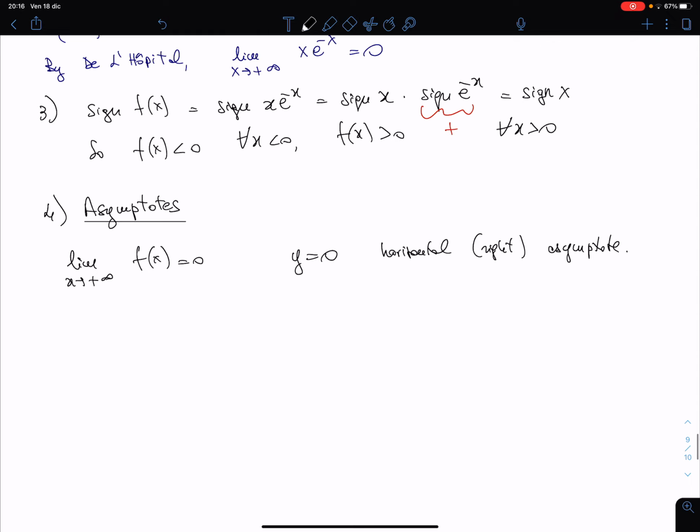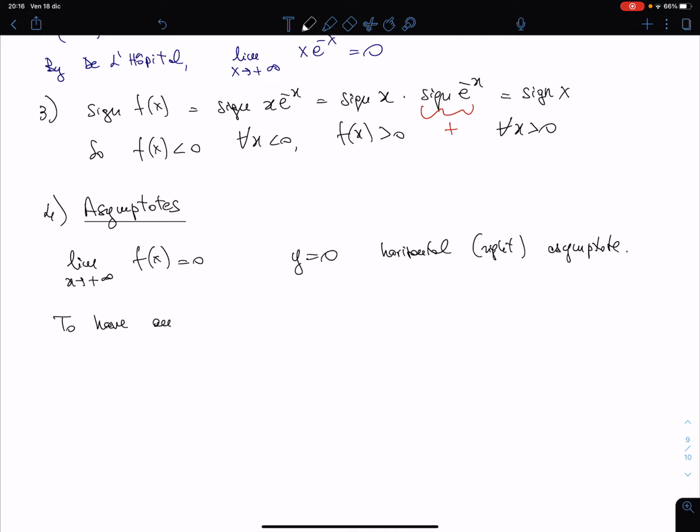And on the other hand, for x going to minus infinity, to have an asymptote, it can be slant or horizontal, but cannot be vertical.